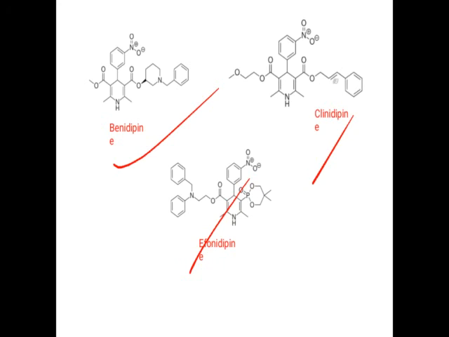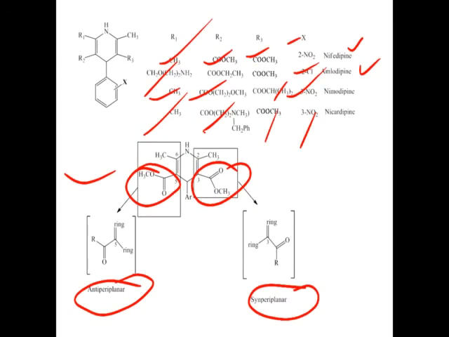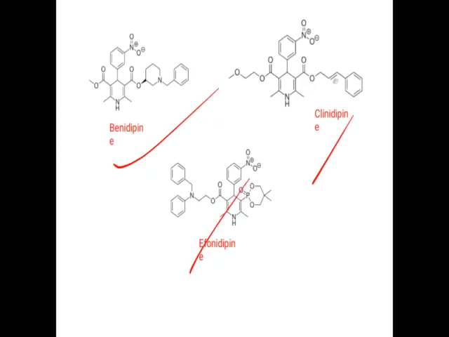Okay, so these are the calcium channel blockers: benidipine, clinidipine, and ifosfamidipine. These are also calcium channel blockers which come under the 1,4 dihydropyridine structure.